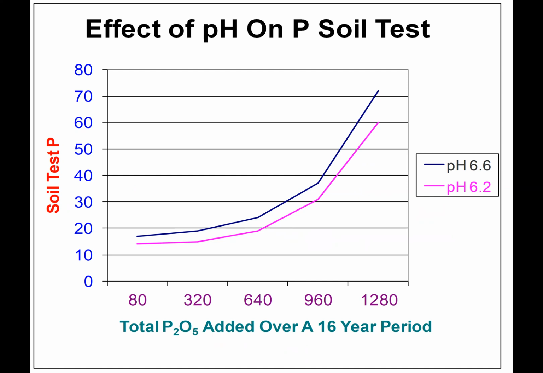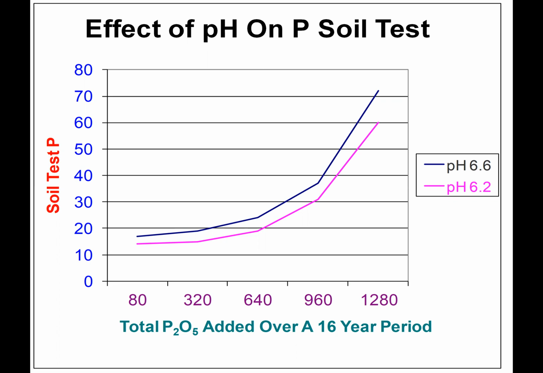Now, the two bars, the blue and the pink, indicate that the pH was maintained at 6.2 and 6.6. To be honest with you, I don't believe that. I believe that was their target pH, and they maintained a higher pH and a lower pH. I don't think we're maintaining 6.2 and 6.6 for 16 years, but we did have a differential pH system there.